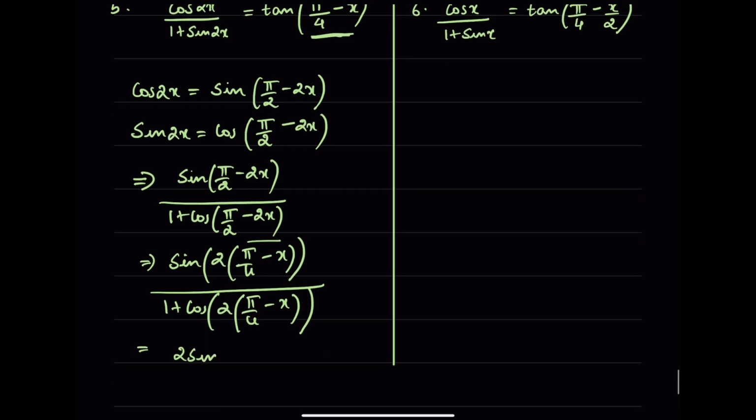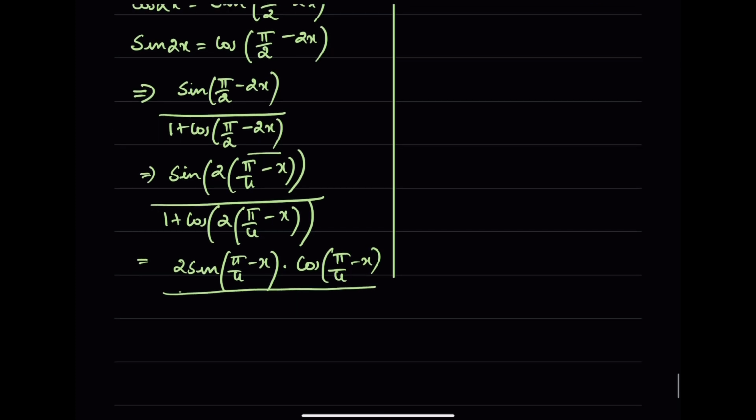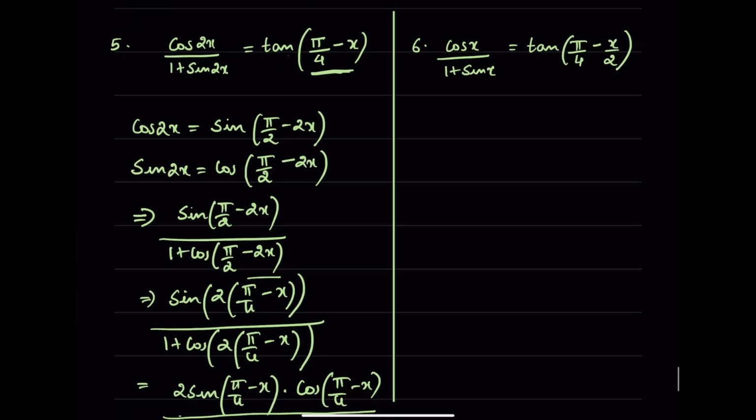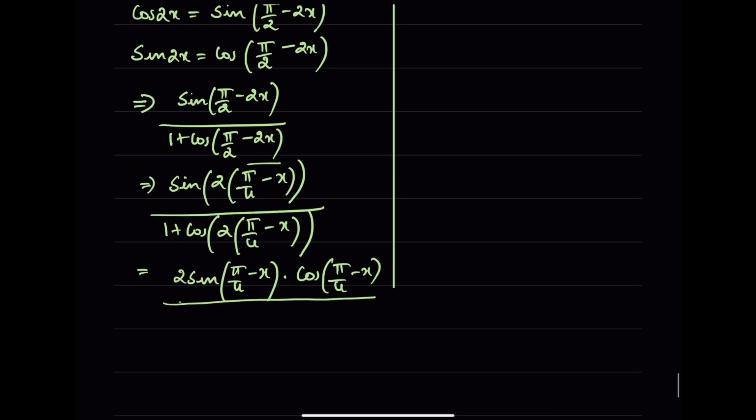Now let's apply the formula. 2 sine of pi by 4 minus x times cos of pi by 4 minus x, this whole thing divided by, now we need the answer in tan, so our denominator should have cosine in the higher degree. So that will be 1 plus 2 cos square pi by 4 minus x minus 1.